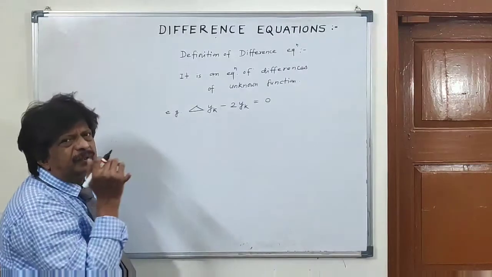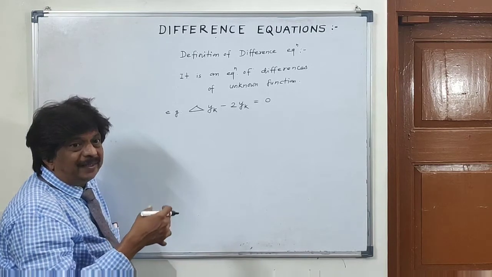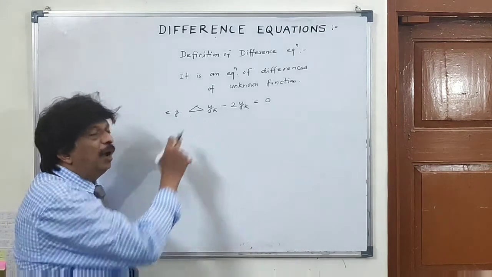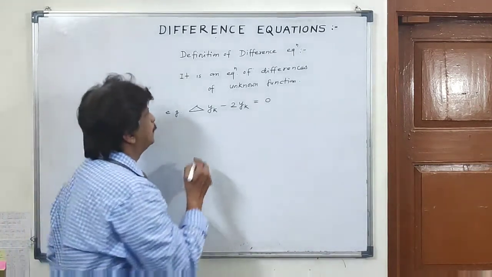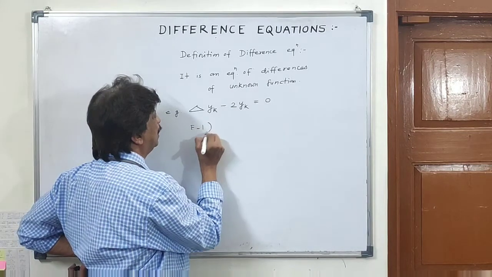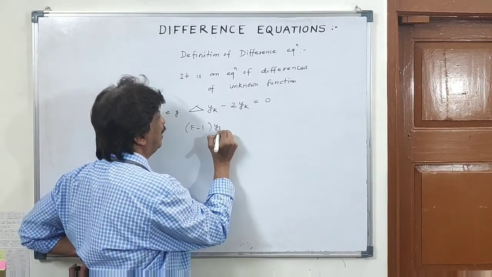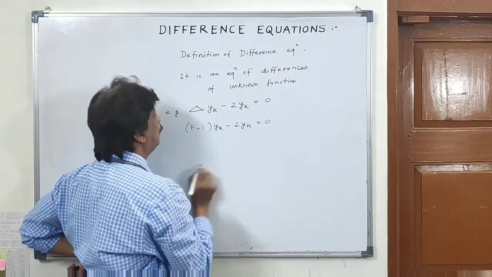This is a difference equation. What is the value of delta? It is equal to E minus 1. Delta is equal to E minus 1 into yk minus 2yk equal to 0.